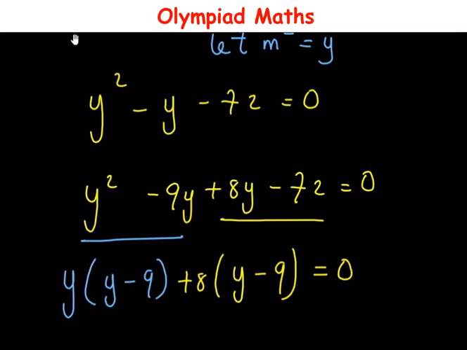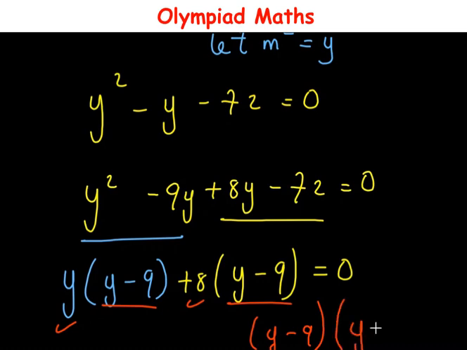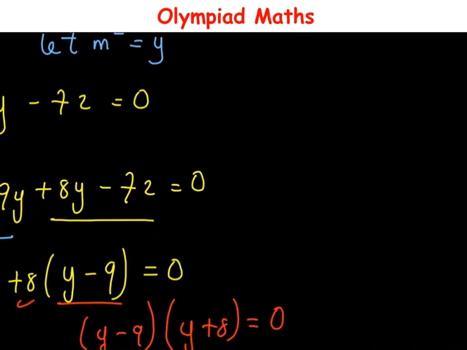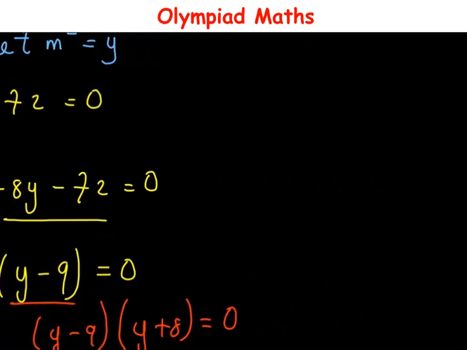So looking at this, we have a common factor, which is y minus 9. So pick one y minus 9, then group the rest into one bracket, y plus 8. All of this equals 0. So from here, we can equate each factor to 0.